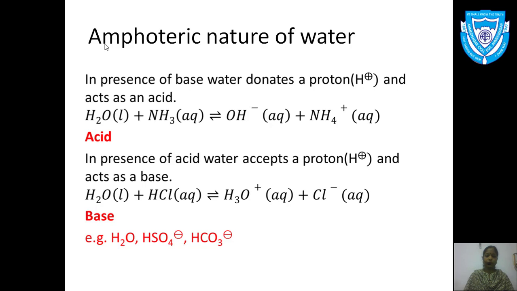For example, HSO4-, hydrogen sulfate, can accept a proton and act as a base. Also it donates its proton and acts as an acid. HCO3- also accepts a proton and acts as a base, while it donates its proton and acts as an acid. Now we will go for the next theory, which is called the Lewis theory of acids and bases.